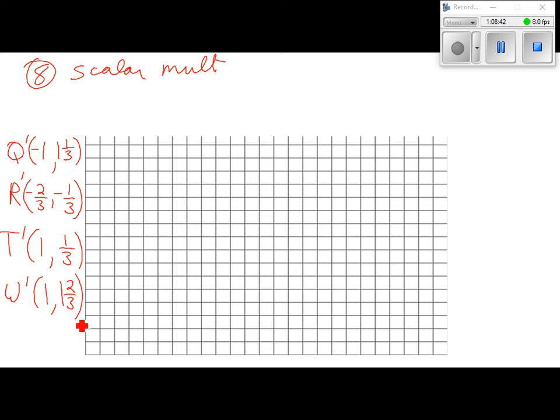Problem 3 on page 8 says, the original coordinates of the figure are given, and after a size transformation, the new coordinates are those new ones. What is the factor of the size transformation? In other words, they're asking you for the scale factor, so we're trying to find K. Remember, with scale factor, you might want to write this down in your notes.